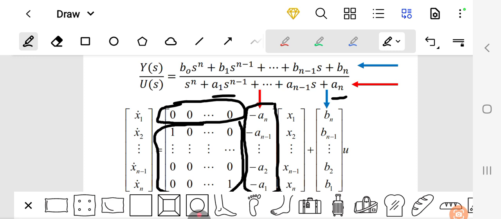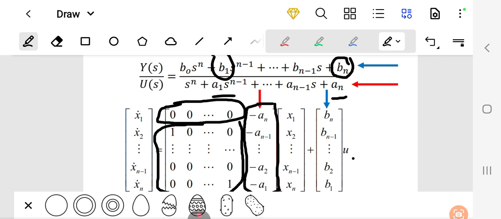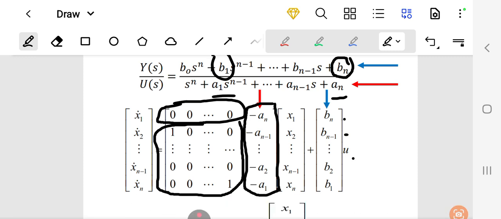Now we will see the B matrix. The coefficients of U will be the coefficients of the numerator from right to left, from bn minus 1 until b1.